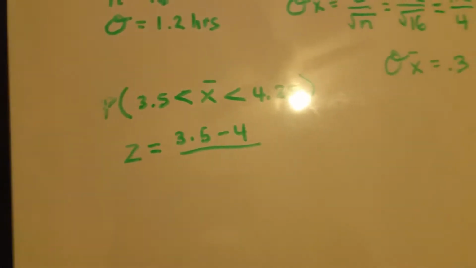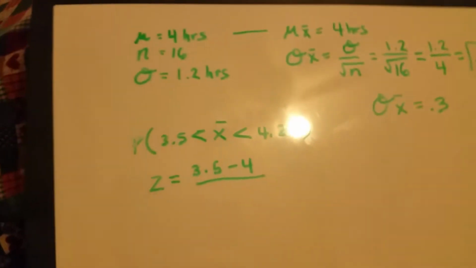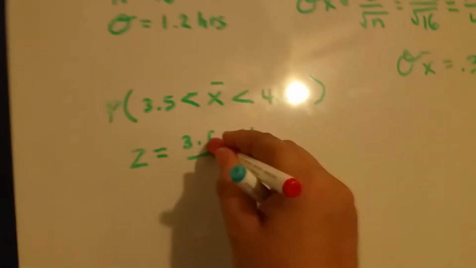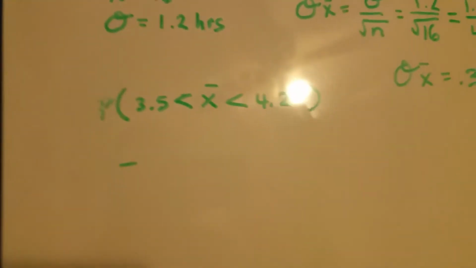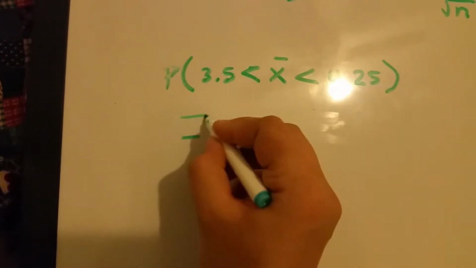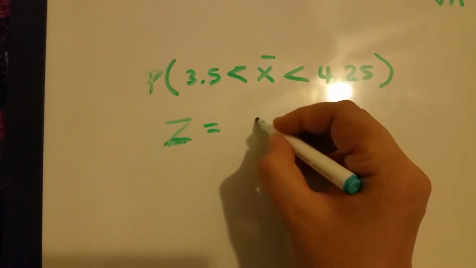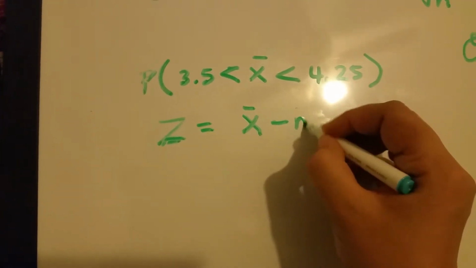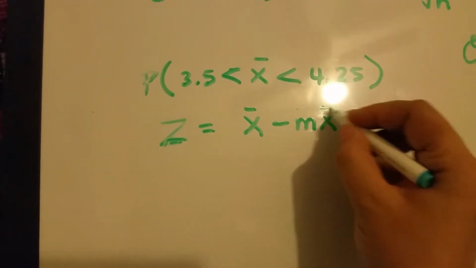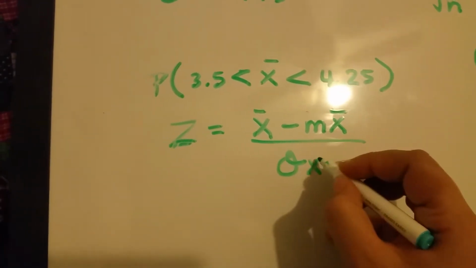Sorry, let me first start by showing you the formula. This is confusing, isn't it? Okay, this is going to be the formula for us to get the z: x minus the mean of x bar, over the standard deviation of the sample.